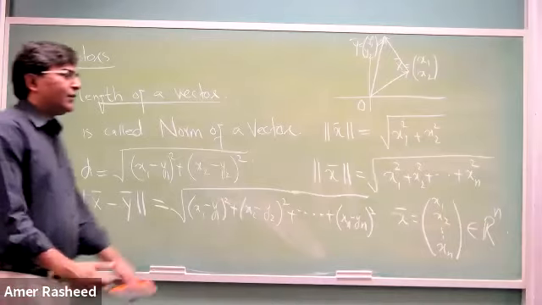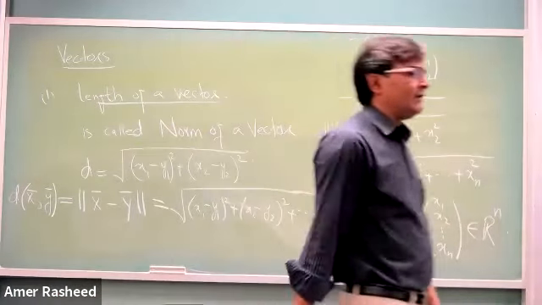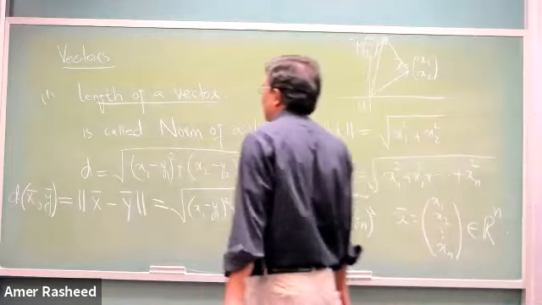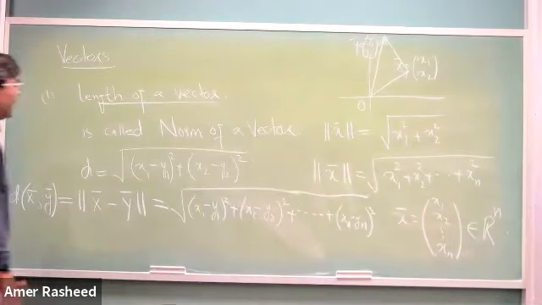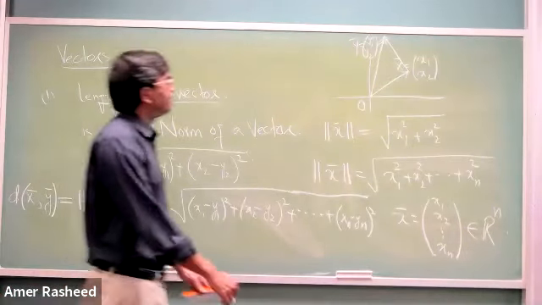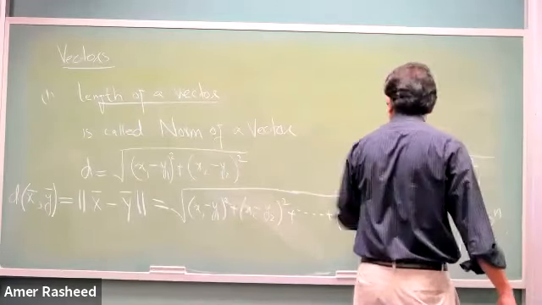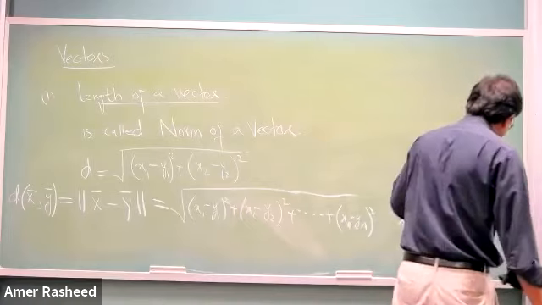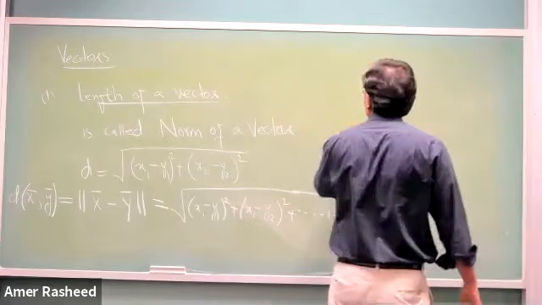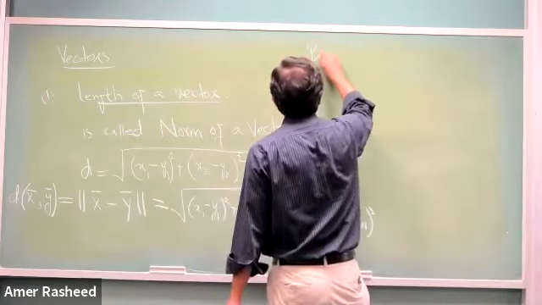The norm of a vector has certain properties. What properties are those? Let me discuss those properties. If you have any question, you can ask. Properties of norm.